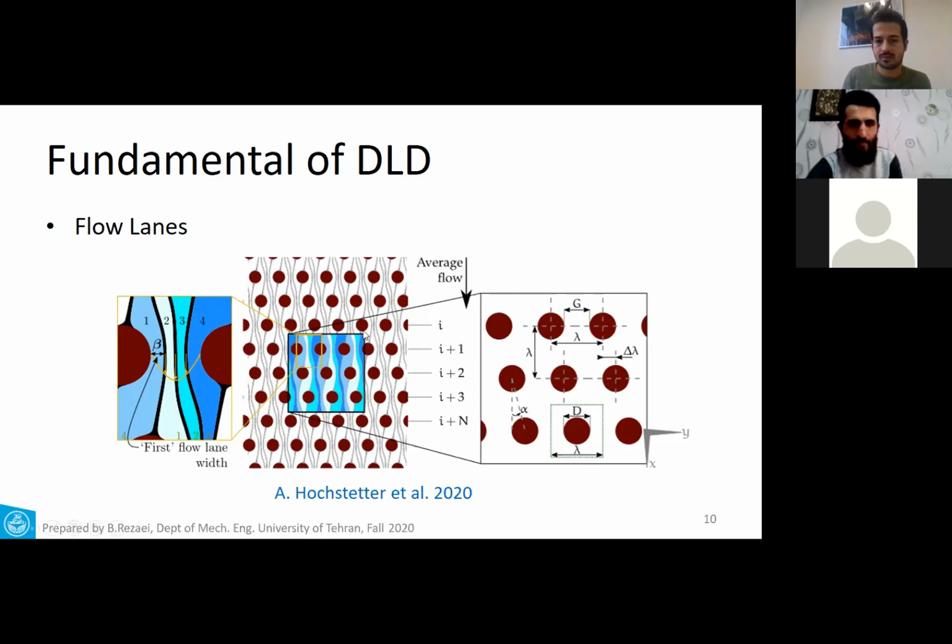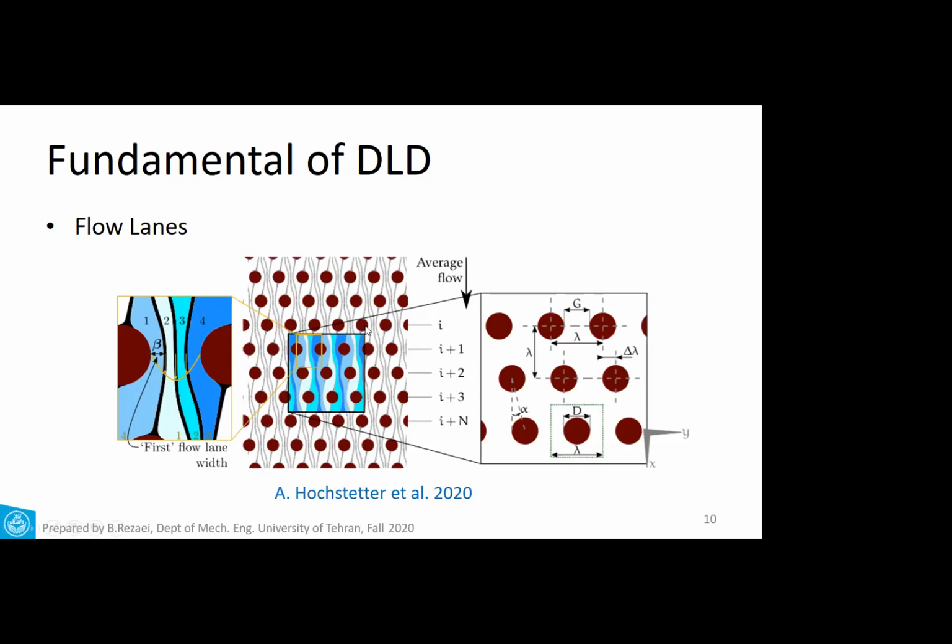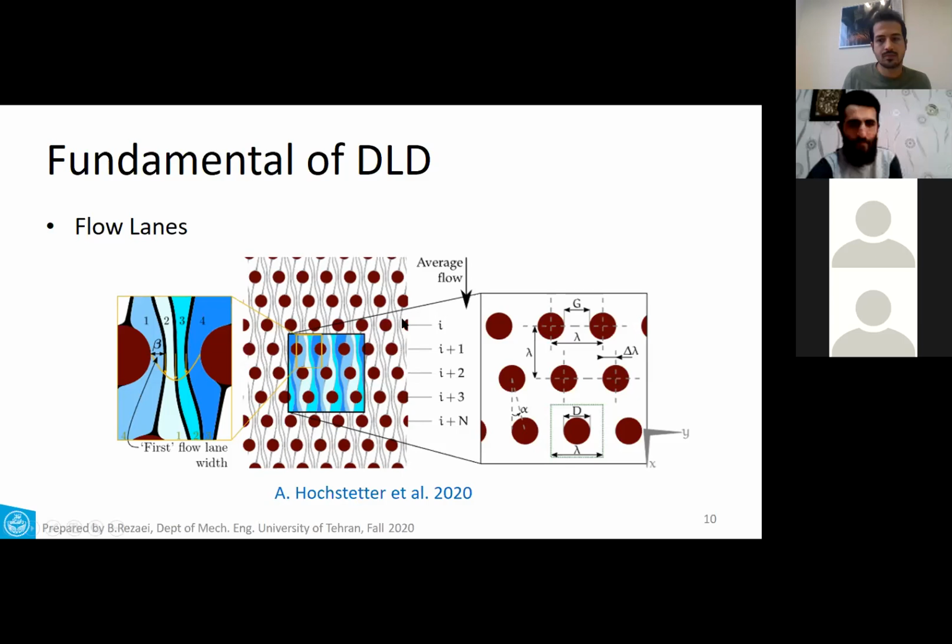As you can see in the middle image, we have the row I, and in the next row there is a shift of delta lambda. The second row, I mean I plus 2, its shift in relation to row number I is 2 delta lambda.